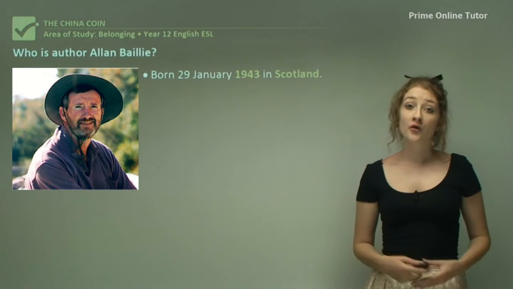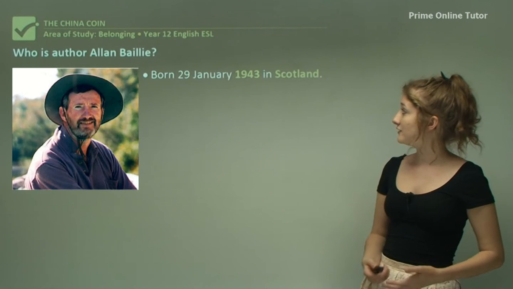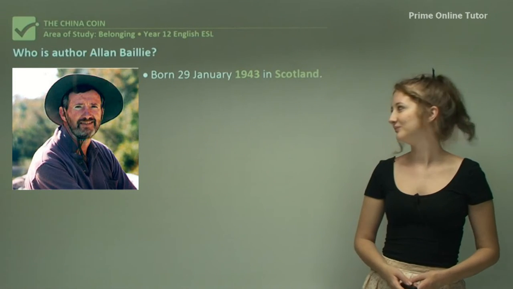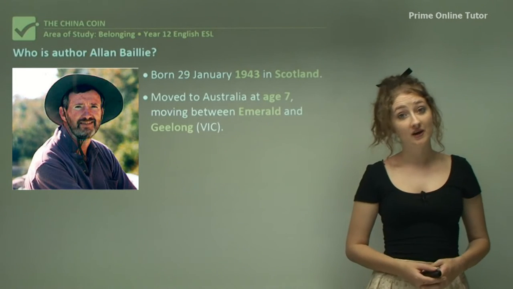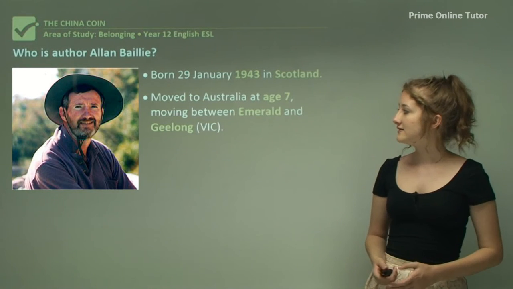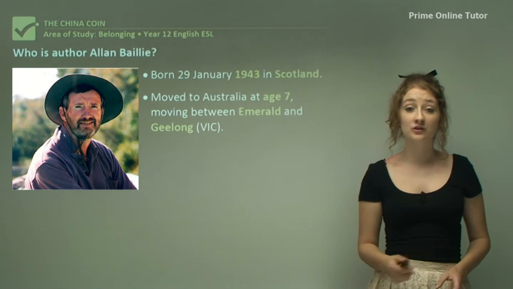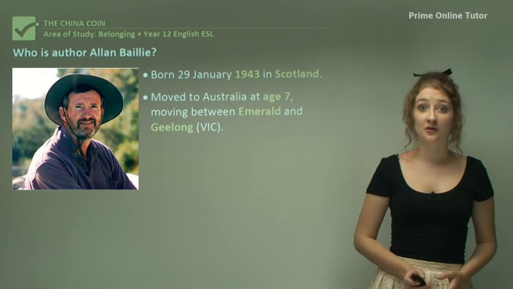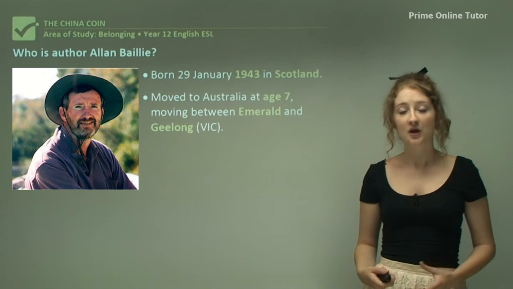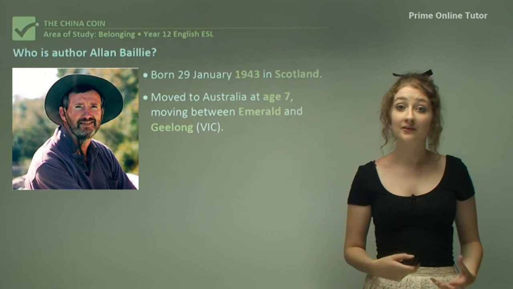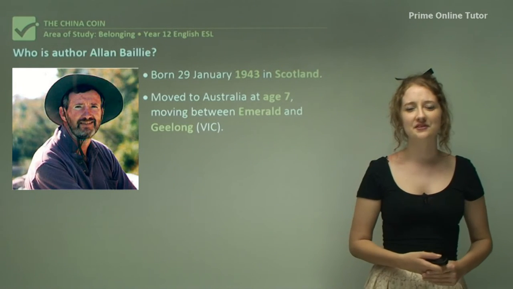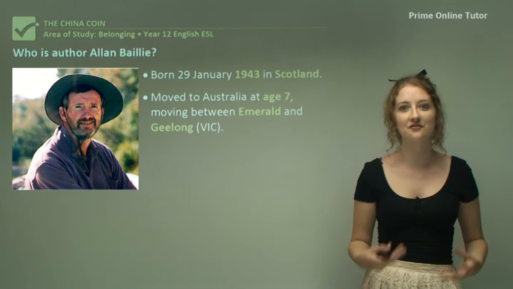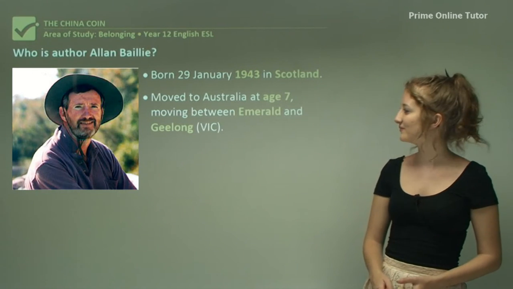So, he was born on the 29th of January, 1943 in Scotland. He then moved to Australia at the age of 7, and he then moved between the towns of Emerald and Geelong in Victoria. So Emerald's a smaller town and Geelong's a larger coastal town, so you get that sense that he's moving around a lot in his childhood, and perhaps needing to continually find belonging in different environments.